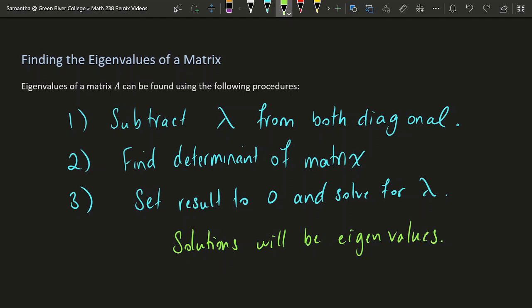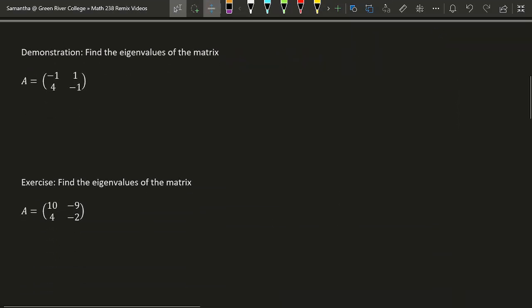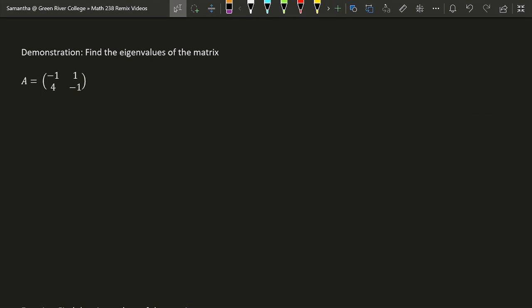To demonstrate this technique, let's consider this matrix -1, 1, and 4, -1 that we worked with in the previous video. We have already seen that this matrix has at least 2 eigenvalues. We saw, for example, that there is an eigenvalue equal to -3.